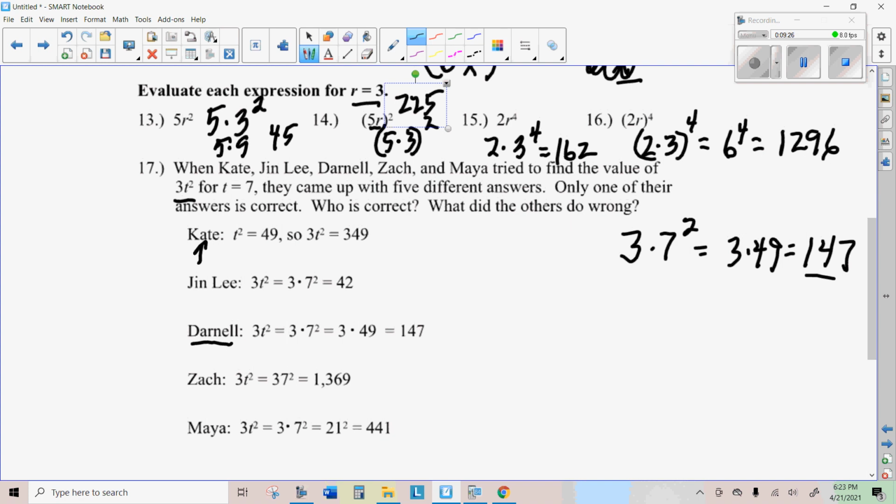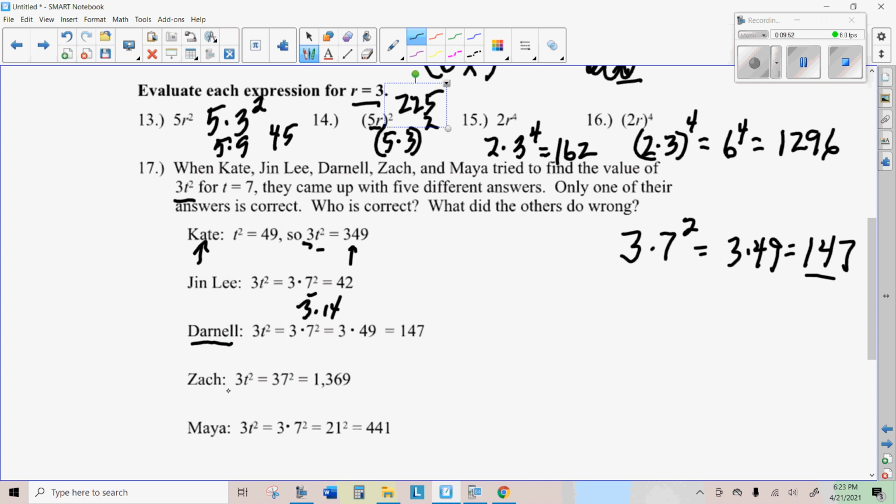Can you see what mistake Kate made? Kind of looks like she forgot that this 3 in front of the t means multiply by 3, and she just put the 3 in front. Okay, Jin Lee, I think she thought 7 to the second meant 7 plus 7, which is 14, because I know 3 times 14 is 42.